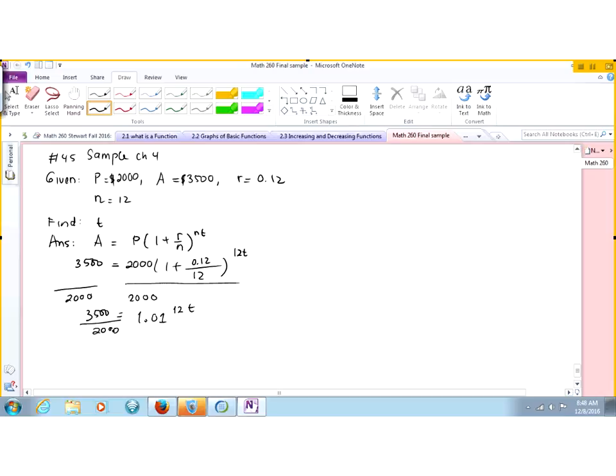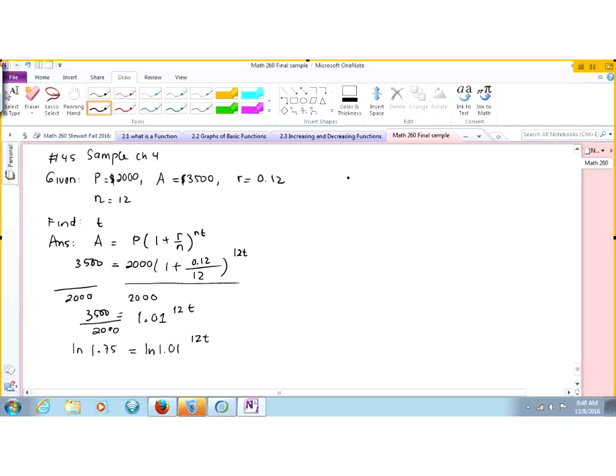Okay, good. Then what do we do? So 3,500 divided by 2,000. What is 3,500 divided by 2,000? 1.75? Yeah. So 1.75 is equal to 1.01 raised to 12t.